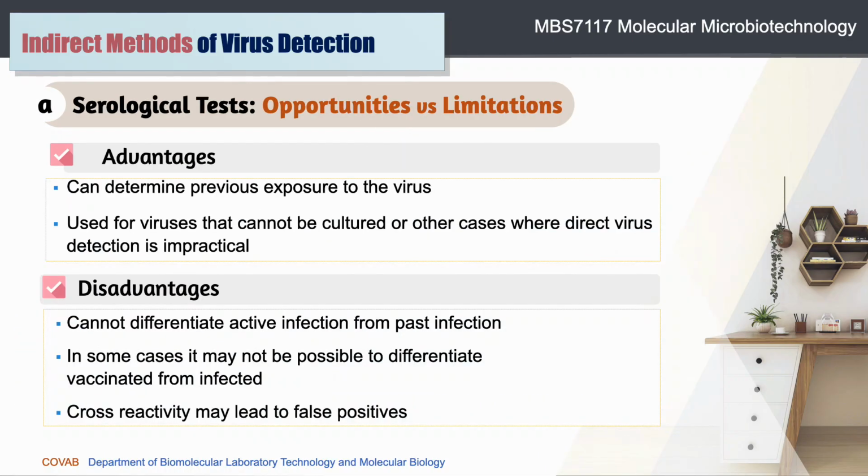The advantages of serological tests: we can determine previous exposure to viruses, even if the virus is not present. It can be used for viruses that cannot be cultured, or in cases where direct virus detection is impractical.